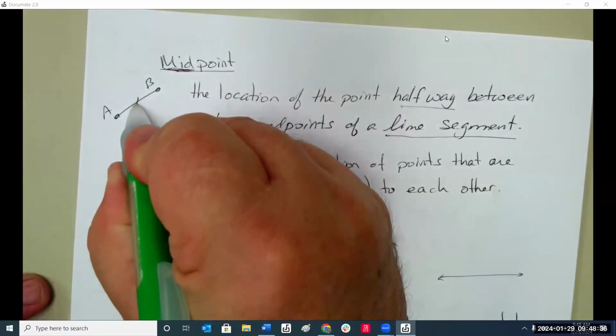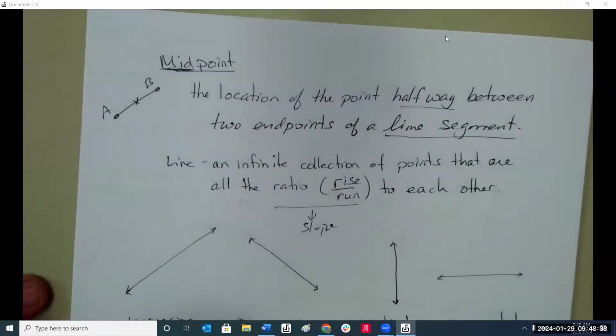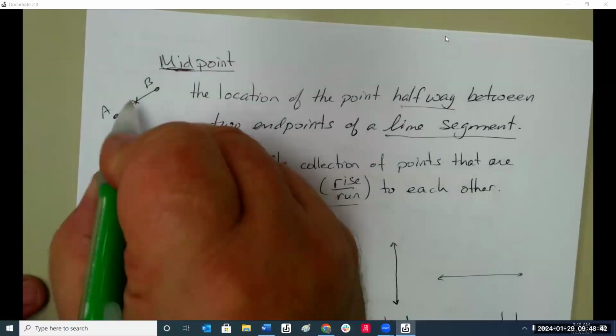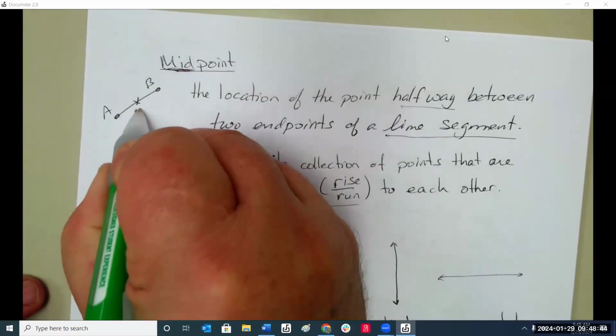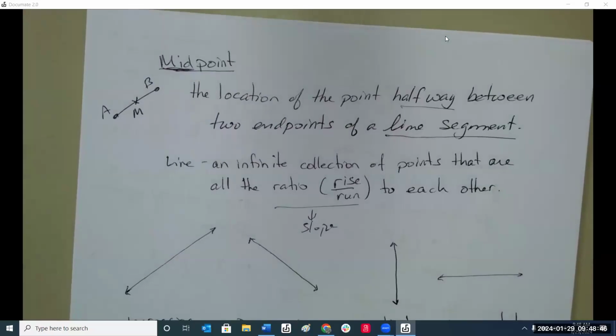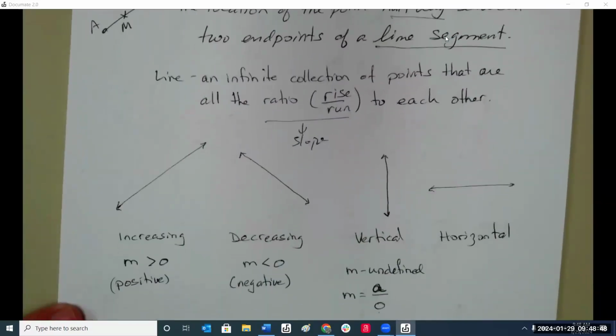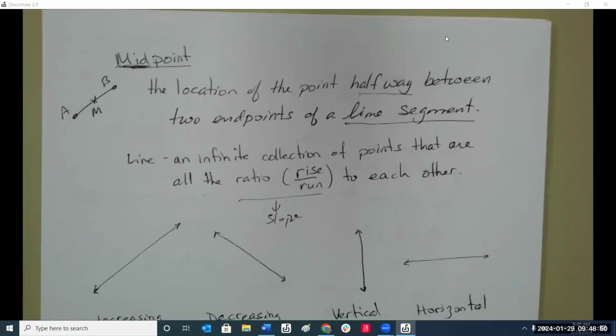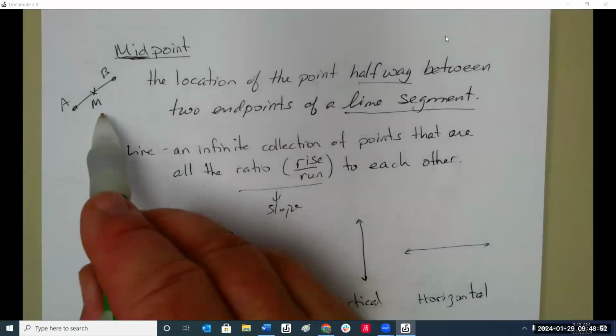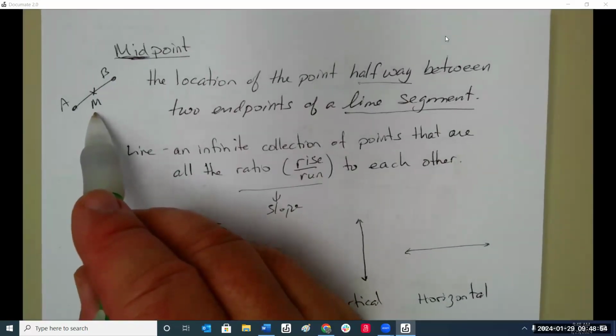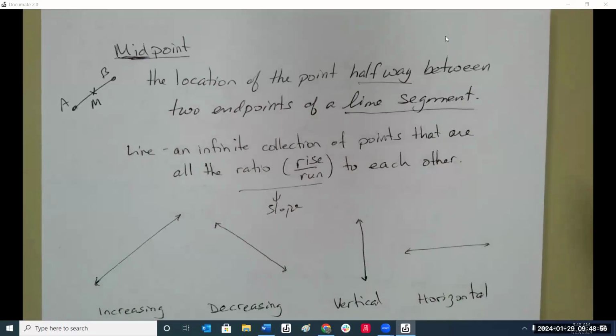The point halfway between there is the midpoint. We denote midpoints with a capital M. So don't be confused. Little m means what? Slope. Capital M means midpoint.